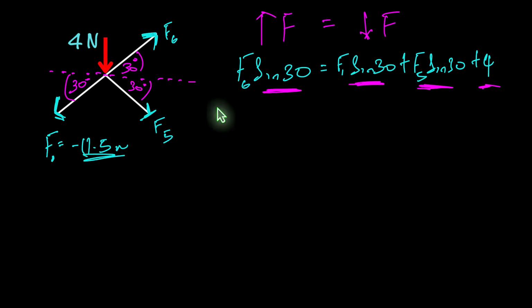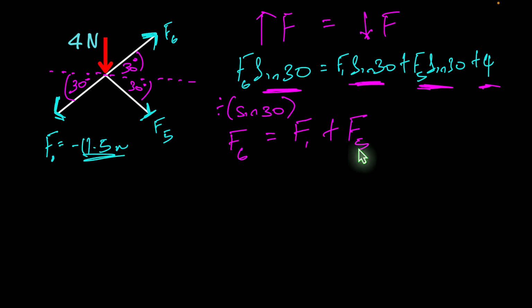I'm just putting here that we're dividing through by sin 30. So what we have left here is just F6, that will be equal to just F1 plus just F5 plus, when we do 4 divided by sin 30, we are going to get 8. But let's just put that in as 4 over sin 30 for now.